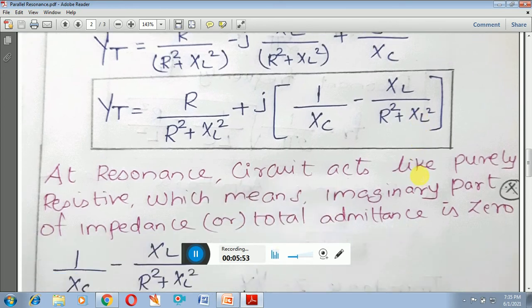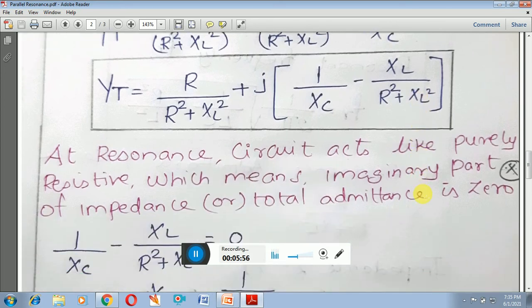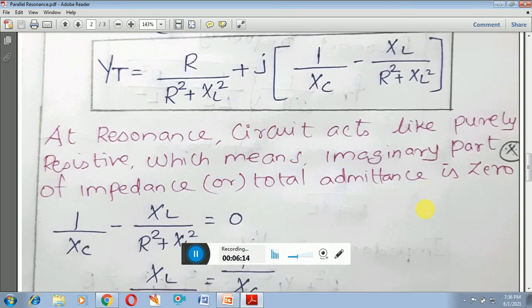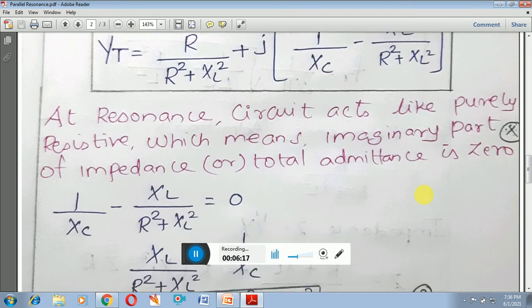Now the important point to consider here is, at resonance condition, the circuit acts as a purely resistive one, which means the imaginary part of either the impedance or the total admittance will be 0, right? So from this point you can write 1 by XC minus XL divided by R squared plus XL squared is equal to 0, which means equating the imaginary part of Yt to 0.